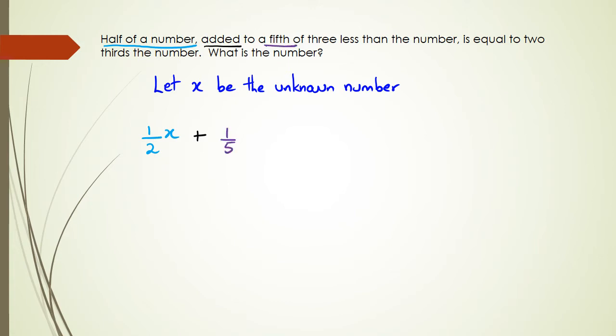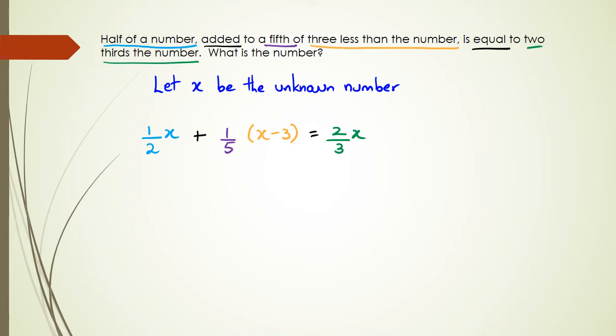So fifth looks like this, but it's a fifth of 3 less than the number. Now 3 less than the number could be written as x minus 3. And then now it says is equal to 2/3 the number. So 2/3 of the number could be written as 2/3 x.